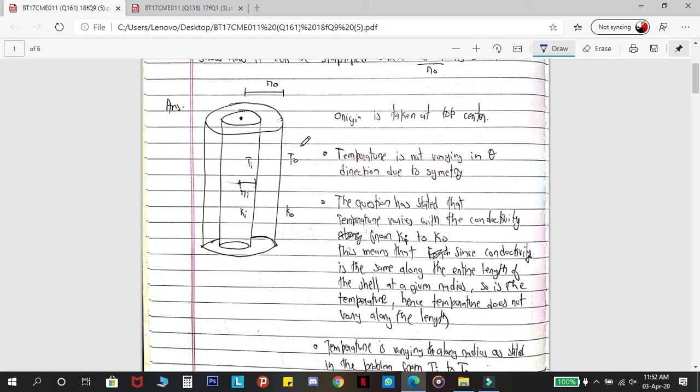So I'm assuming that conductivity value is fixed at a certain radius. If I take this radius over here, I'm assuming that the conductivity is the same all across this entire length. And if the conductivity is the same across the entire length, there is no temperature difference as well. Hence, the temperature properties are not varying along the length.